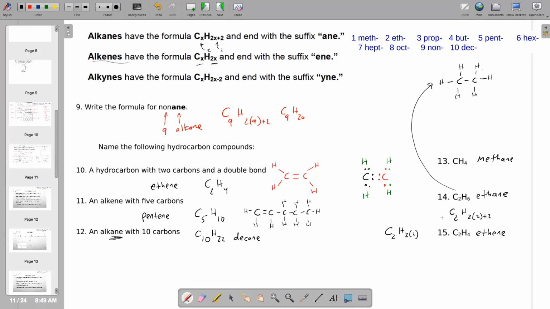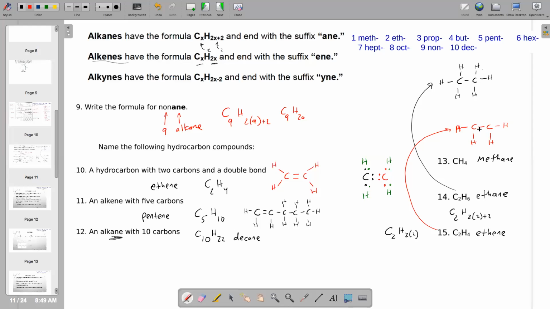But here with number 15, I'm going to kind of overlap this. If I draw the 2 carbons in a row and then draw 4 hydrogens, kind of equally distributed, you'll see that that little rule about having 4 lines coming off each carbon is not satisfied yet.